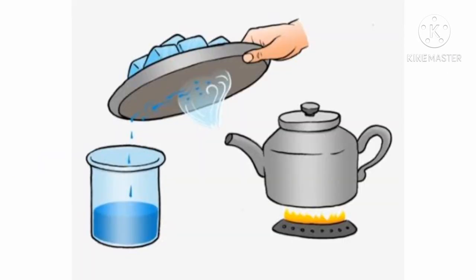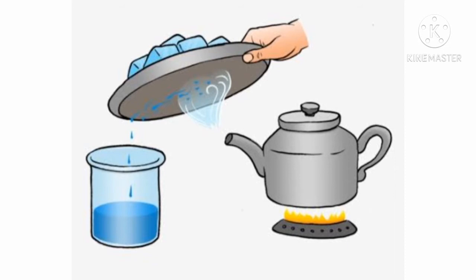Now, we need to separate salt and water from the decanted liquid. Transfer this liquid to a kettle and close its lid. Heat the kettle. Steam will come out from the spout of the kettle. Now, take a metal plate with some ice on it. Hold the plate just above the spout of the kettle.